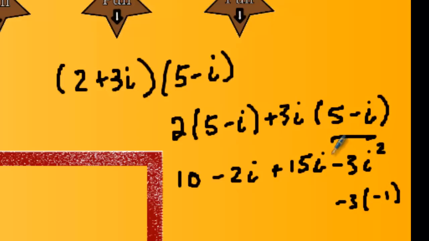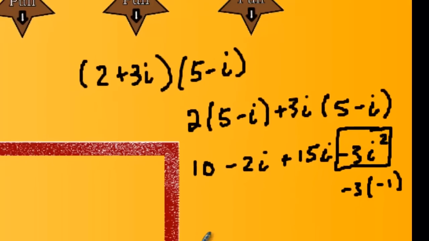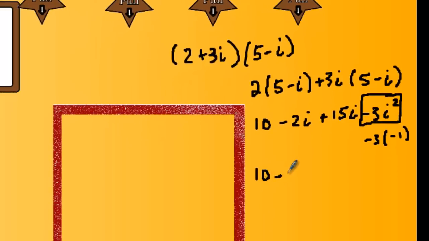So this last term right here is always going to simplify by taking this i squared, making a negative 1, and that's always going to change this sign. So this is going to be 10 minus 2i plus 15i, and now this is a negative 3 times a negative 1, which means it's actually a positive 3.